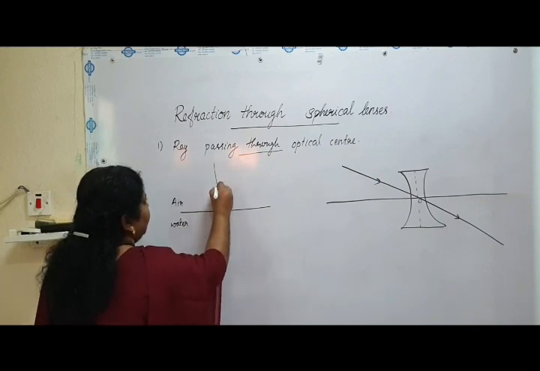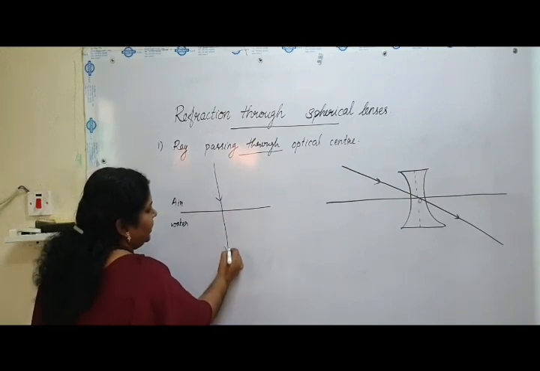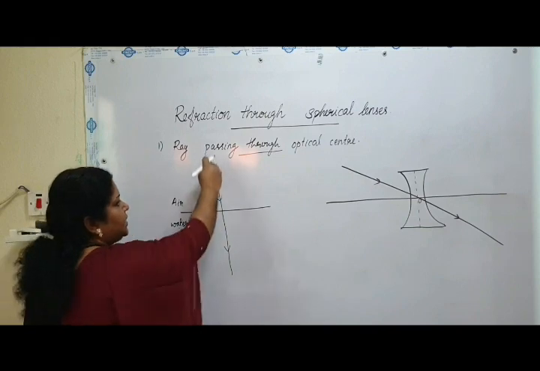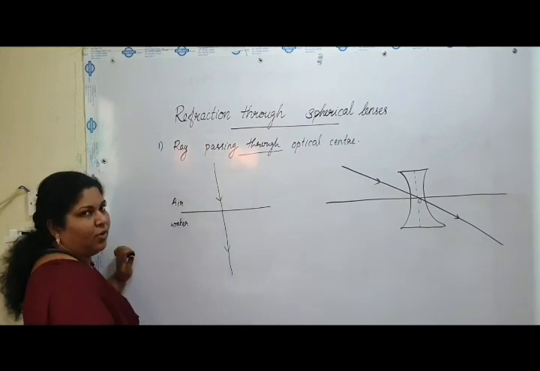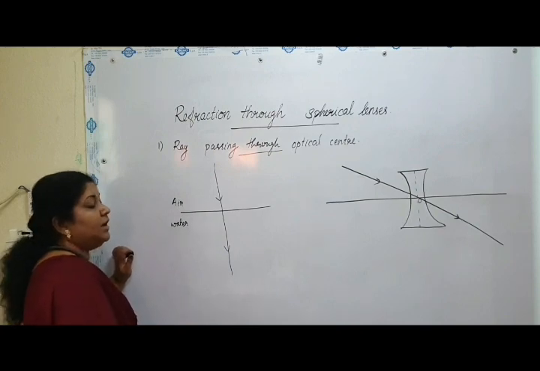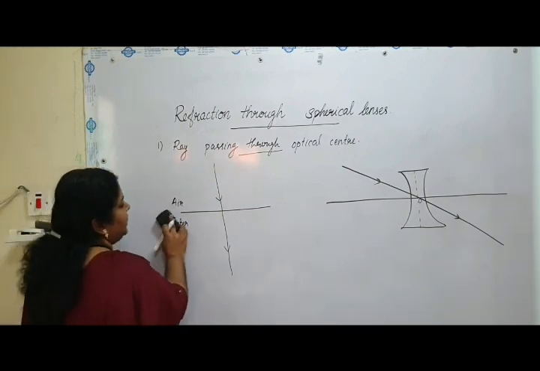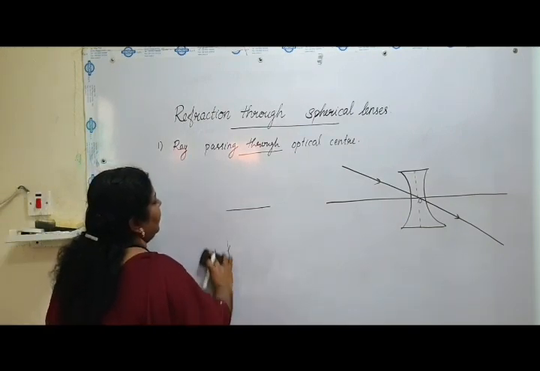If a ray is falling like this, the ray will go straight without any deviation, because it is falling along the direction of the normal. The one which is falling along the direction of the normal will not be deviated. That is the case of refraction. So the ray which is passing along the normal will go undeviated.